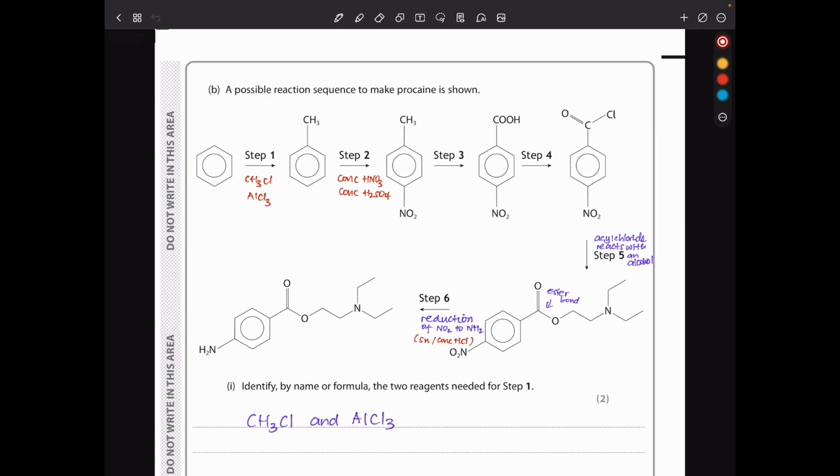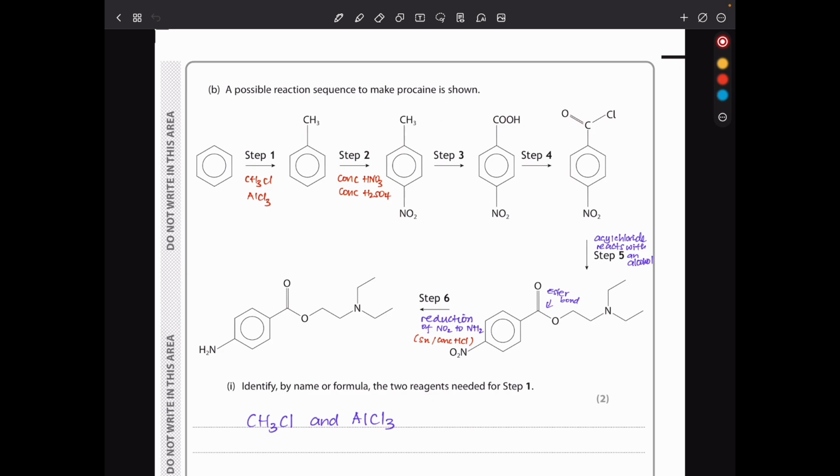Then they say a possible reaction sequence to make procaine is shown. So we see this is forming methylbenzene, and of course maybe we use a halogenoalkane and a halogen carrier. Then we go to nitration, concentrated nitric acid and concentrated sulfuric acid, to this step. Then after we form a carboxylic acid on this group, then an acyl chloride.